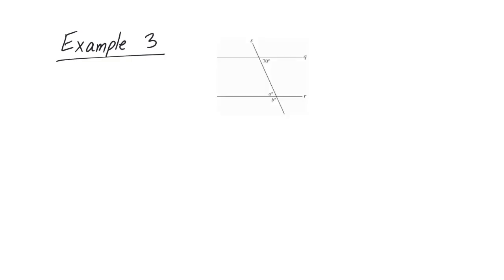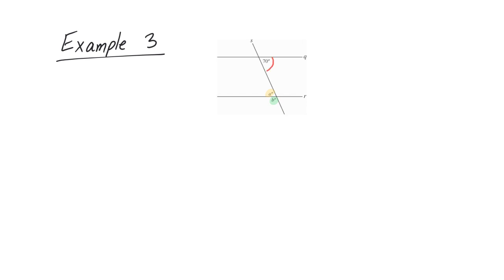In example 3, we are given two parallel lines and a transversal, and we are asked to find what is the angle A and what is the angle B. First I'm going to look at the relationships I have between A, B, and the angle that I know, which is 70 degrees.